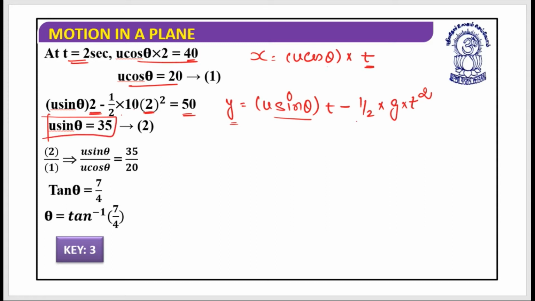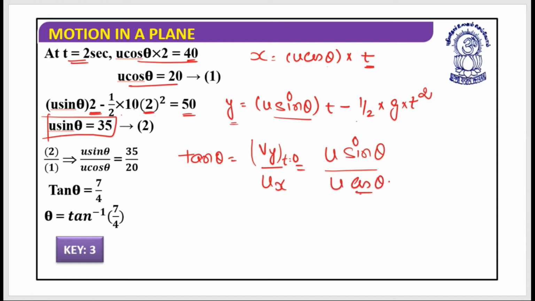Now what do you require? You require tan theta, which can be written as vy divided by vx, or ux, both are the same thing. Vy at t equals 0 is basically u sin theta, and ux is always u cos theta.